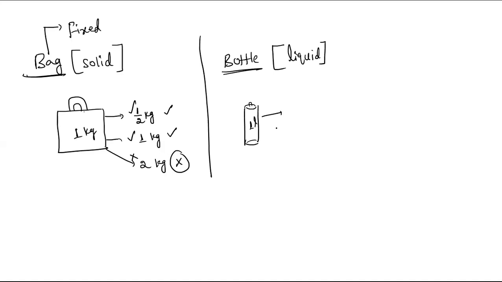Yes. Can we store equal to 1 liter? Yes. More than 1 liter? Not possible. These two are possible, but this is not possible, since the bottle is also a fixed-size container. Correct? So here there are two fixed-size containers, but is the purpose the same or different?